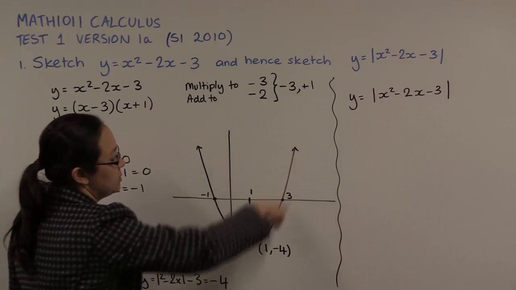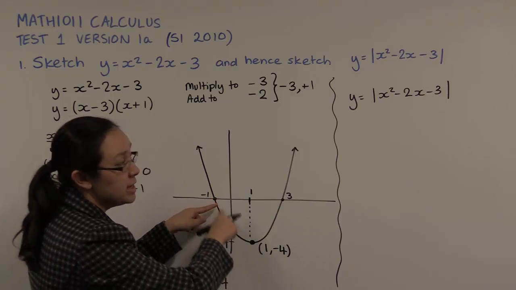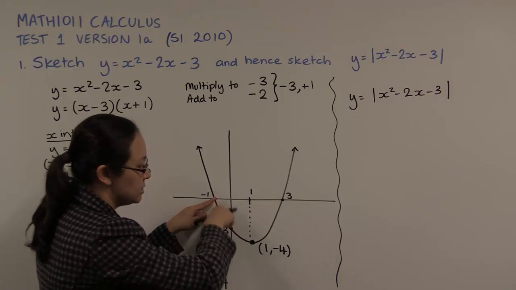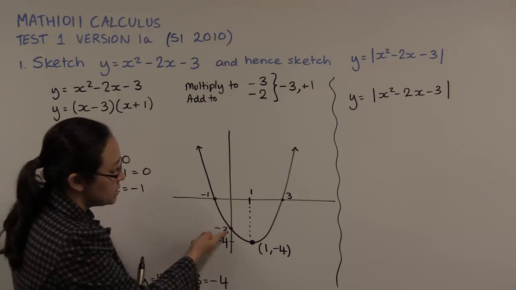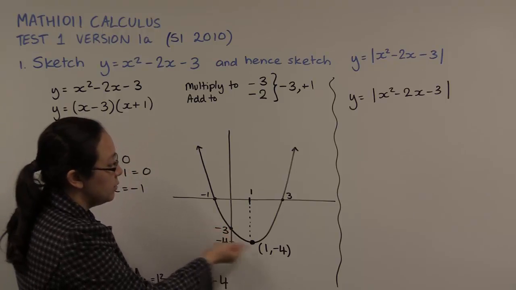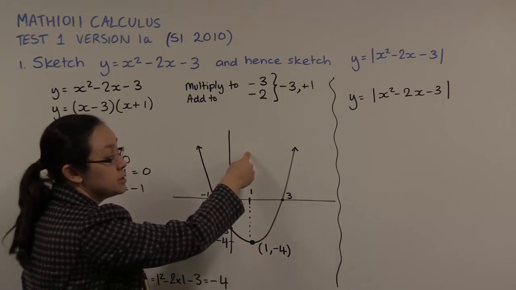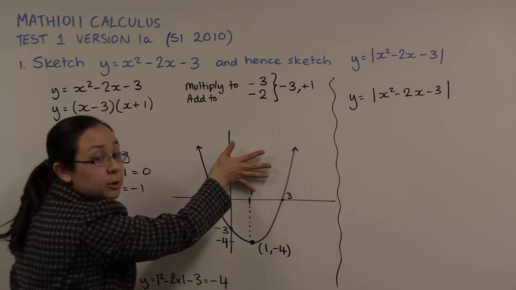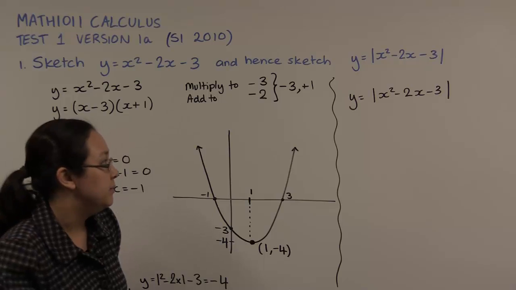So this parabola, we're absolute valuing this parabola. Here are all the y values that turned out to be negative. X squared minus 2x minus 3 is negative between minus 1 and 3 here. So if I had minus 3 and I absolute valued it, it would come up to plus 3. Minus 4 absolute values to plus 4. In fact, all these negative numbers here will absolute value to positive numbers. Positive numbers just absolute value and they stay exactly the same.